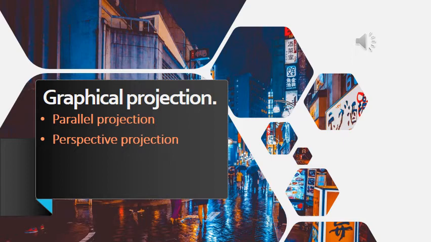Today's lecture is about graphic projection. Graphic projection is a protocol by which an image of a 3-dimensional object is projected onto a plane surface without the help of maths.